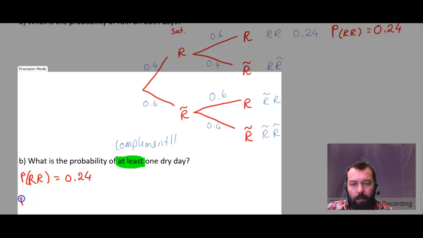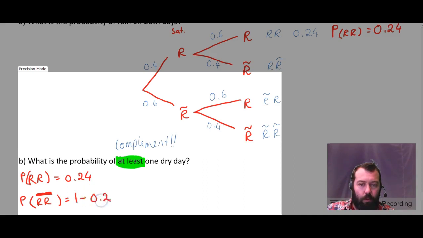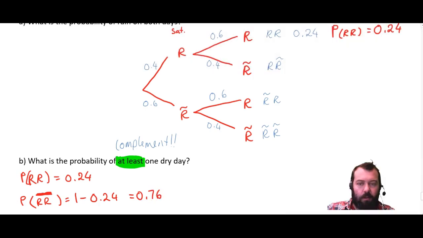That means that the probability of the complement of that, now I'm just going to put a bar over both, which is not to say, don't confuse that with the probability of 2 not rainy days, the complement of that event is 1 minus 0.24 equals 0.76.